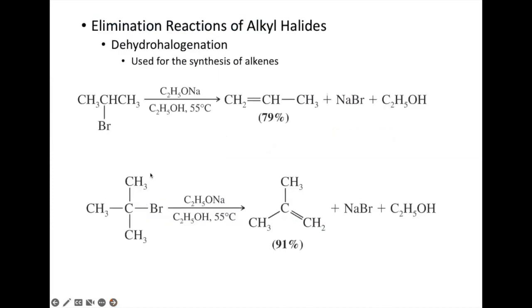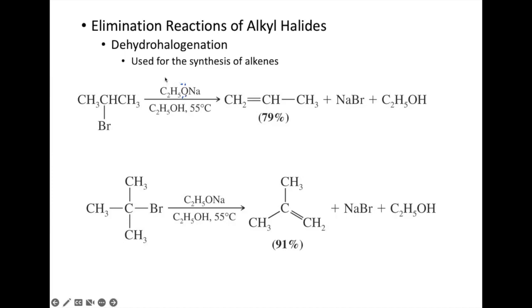A good example of this will be dehydrohalogenation of alkyl halides, and this is typically used for the synthesis of alkenes. For example, you have 2-bromopropane, and you react this with sodium ethoxide. Again, the ethoxide group here will act as a base.